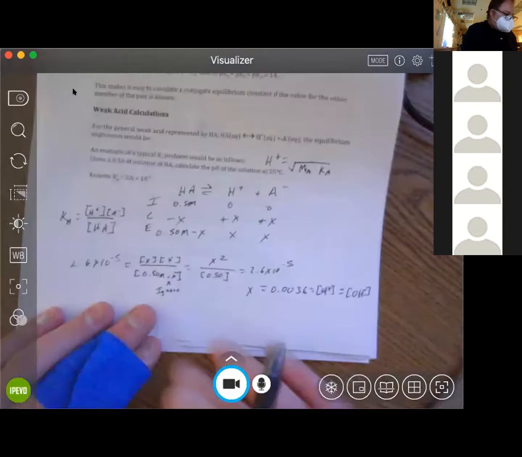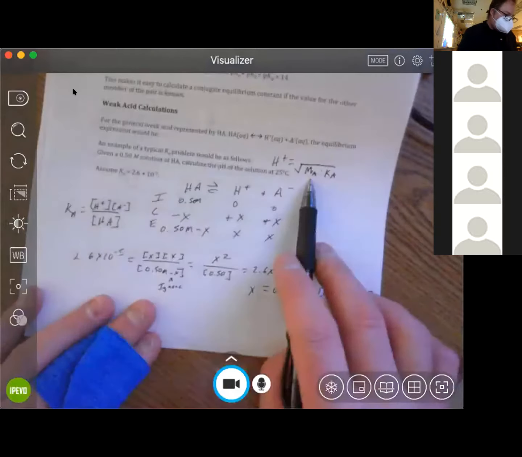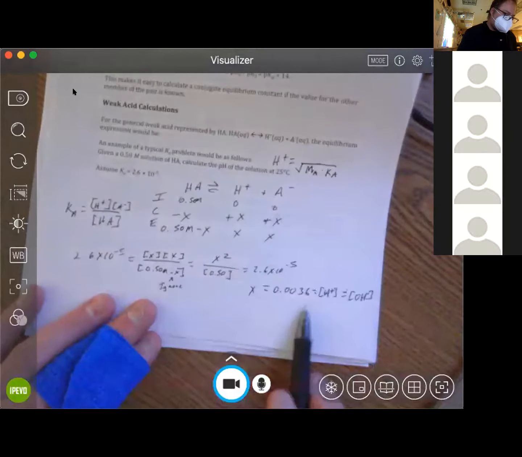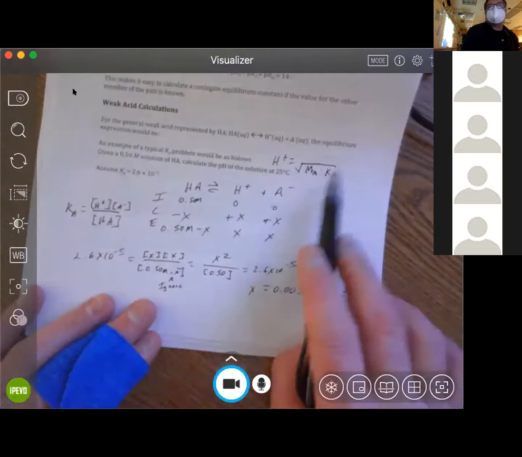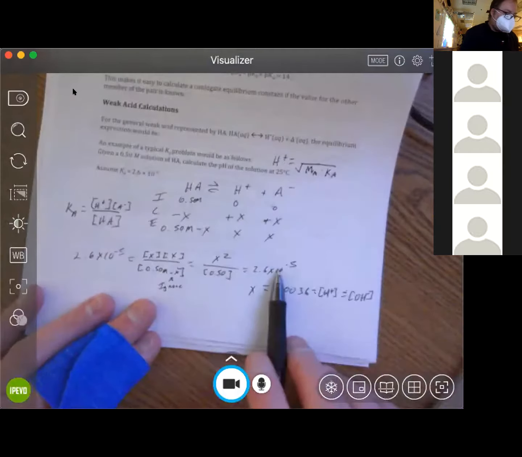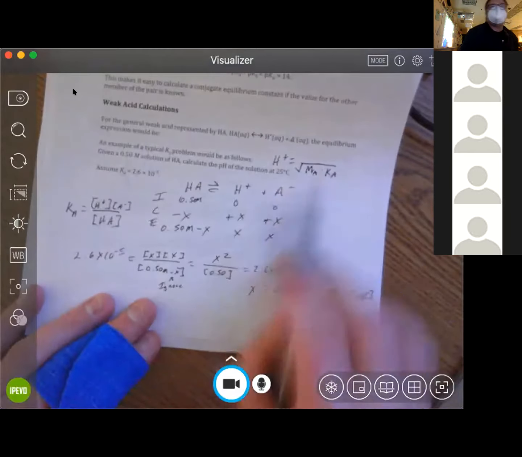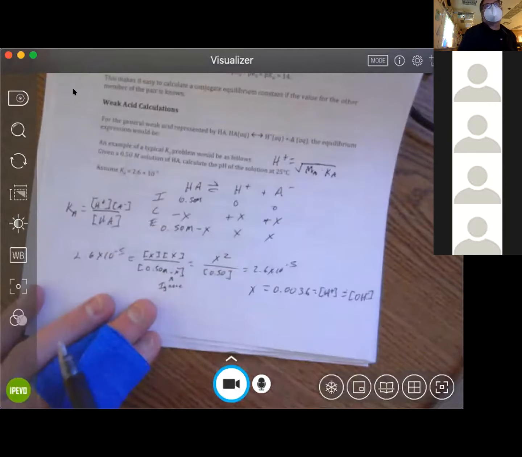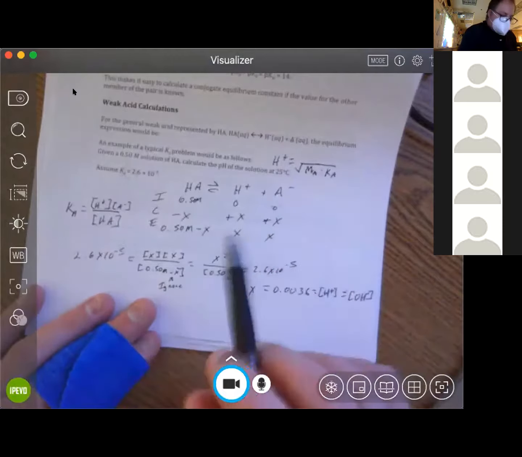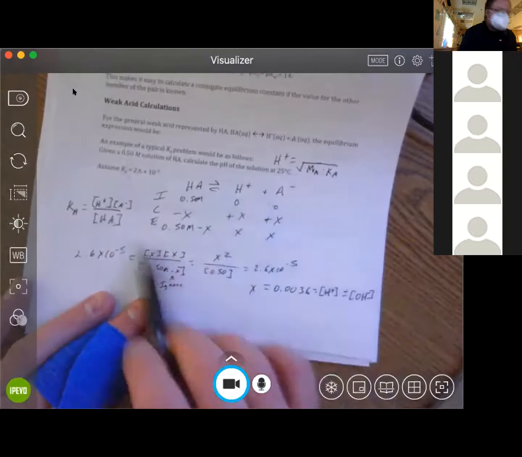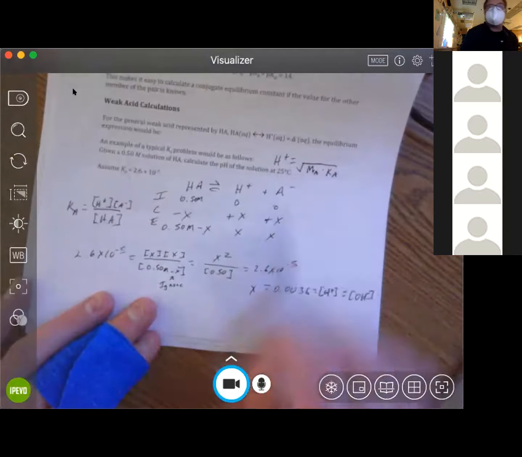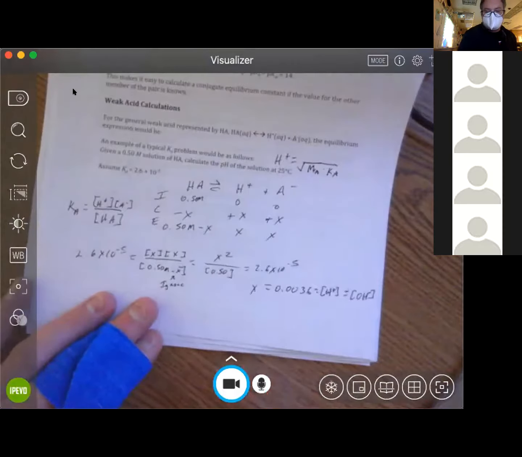The molarity of the acid times the Ka, the acid equilibrium constant, and then the square root of it. So if you want to memorize a little formula versus doing a lot of this, this will work out for you quite a bit for an acid of that type.